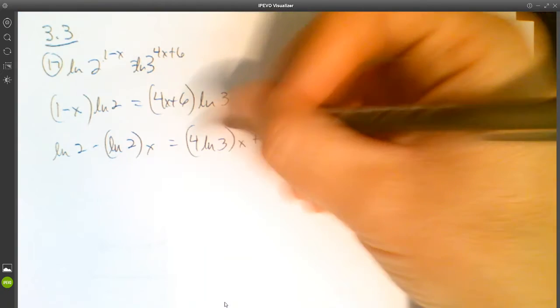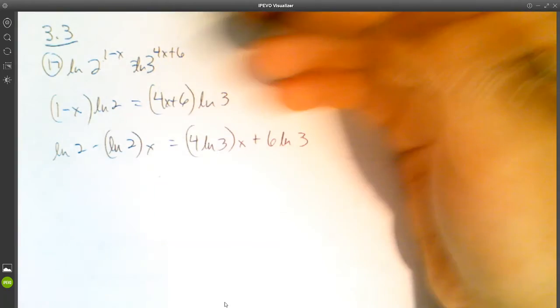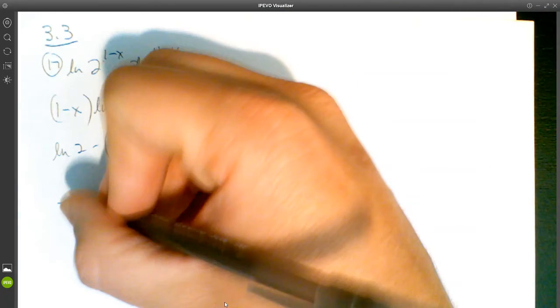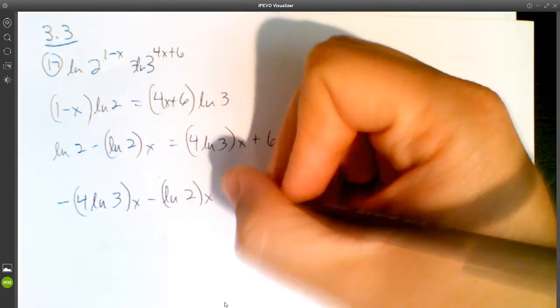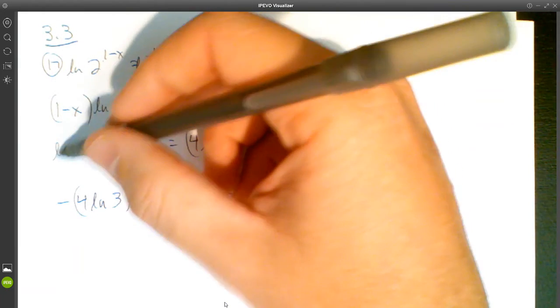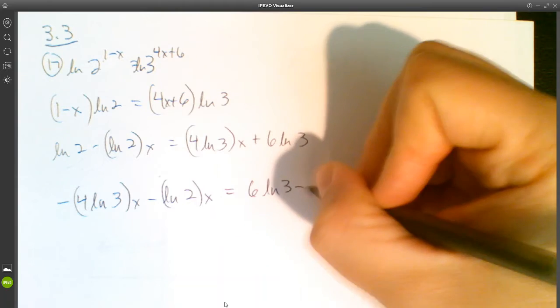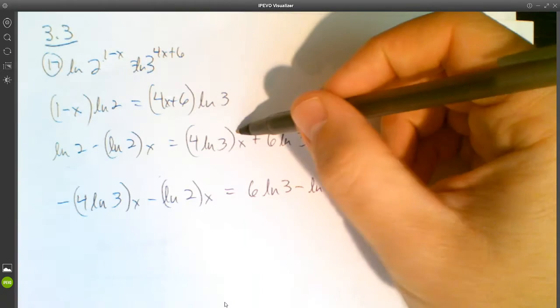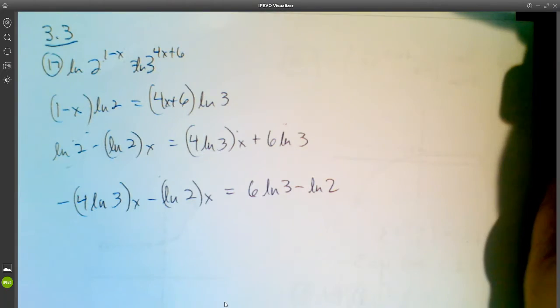So I'm going to subtract the 4 ln3 times x over to the other side and get negative 4 ln3 x minus ln2 x equals, and then I'm going to move this ln2 over to the other side, so I'm going to have 6 ln3 minus ln2. Right? So I subtracted this over here, and I subtracted this over there, okay?